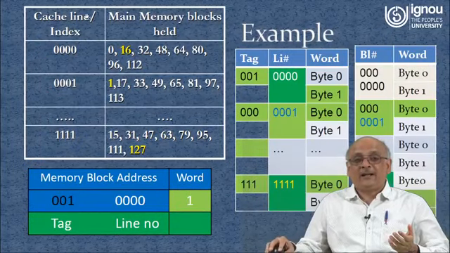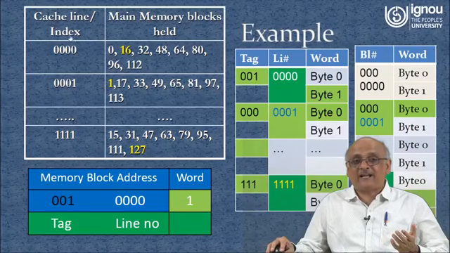Just extending the discussion we had about the team and the meeting, we can see very clearly that the cache line or index goes from 0 up to 15. Basically we are using a modulo 16 function.